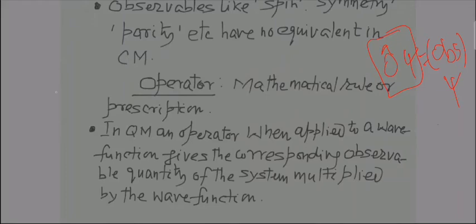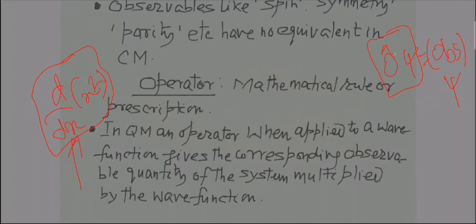For example, when I say d by dx of x square, it is a differential operator, right? I do not mean that d by dx is being multiplied by x square. It is not algebraic multiplication. I am applying the d by dx operator on x square.